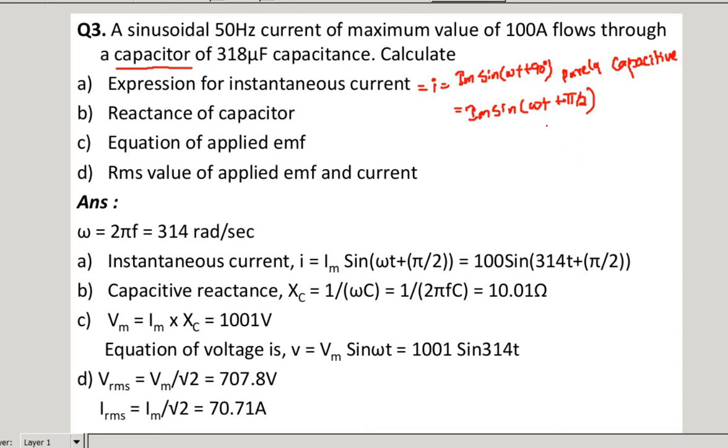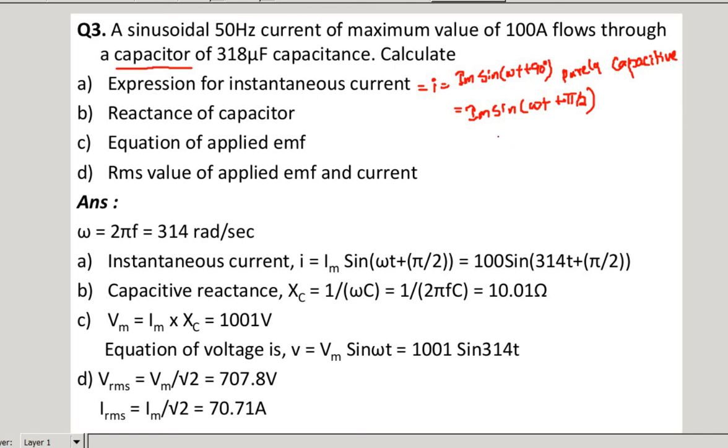Otherwise, you have to convert the 90 degrees into radians. So, while doing the problem, try to write the angles in radians, or make sure that you convert angles in degrees into radians.